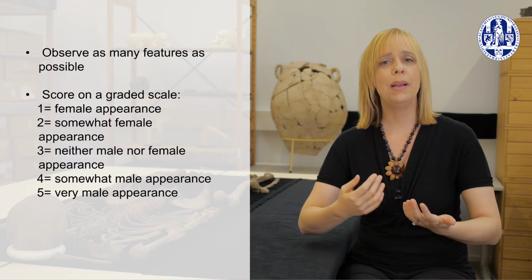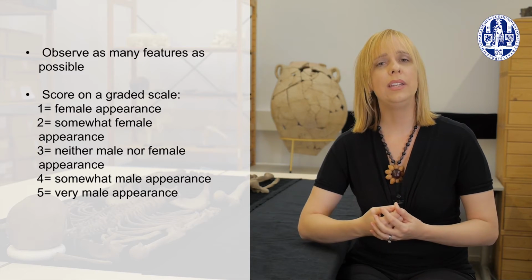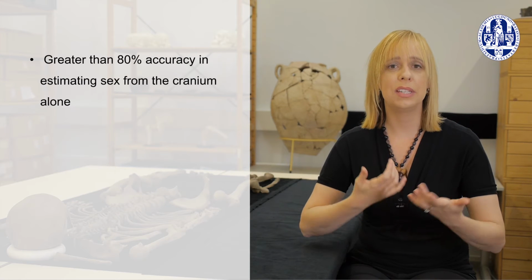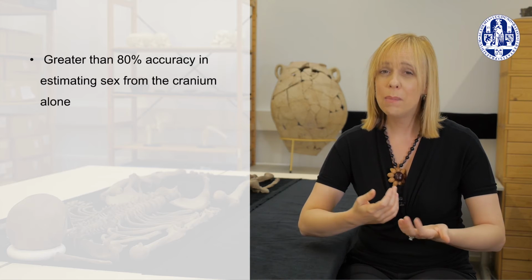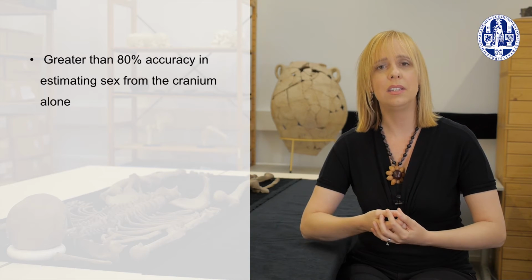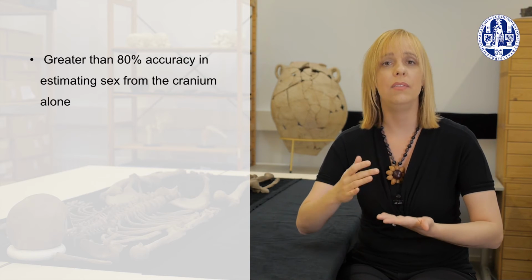And by scoring as many traits as possible on a scale such as this, we can achieve upwards of 80% accuracy in sexing the cranium. But in every population, there always will be instances of males and females who have the sexual characteristics of the other sex.